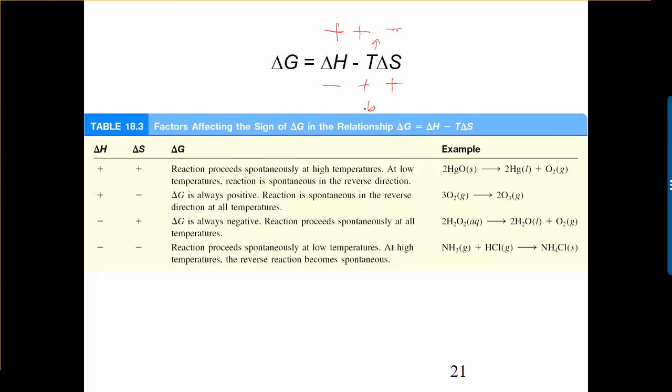At low temperatures, it becomes less positive, so it'll remain negative, and delta G will be spontaneous at low temperatures. Here it's spontaneous at high temperatures. So you might need to describe them in that way. So try to understand the concept behind this.